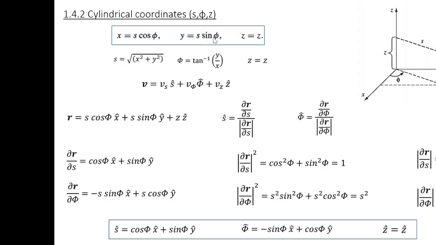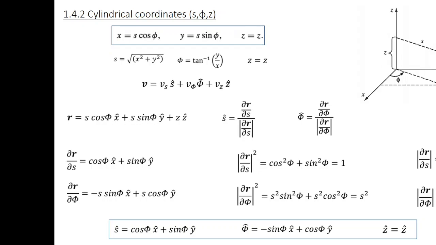So x squared plus y squared gives you s squared, or s equal to the square root of x squared plus y squared. Similarly, take the ratio y by x. So s and s are common, they get cancelled. You have sin phi by cos phi, which is tan phi, or you can write phi equal to tan inverse of y by x.